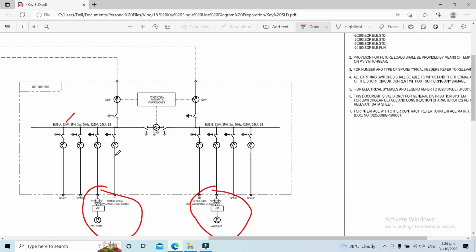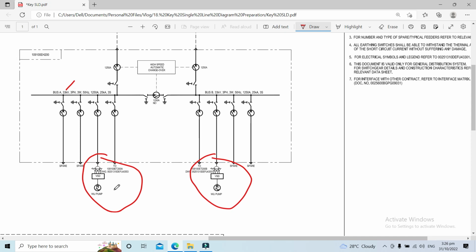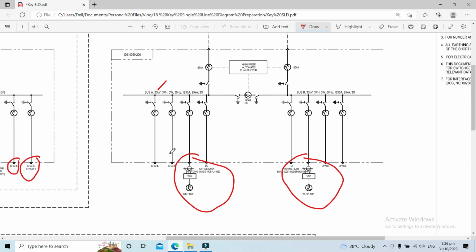From the key single line diagram, the exact rating of the transformer is not mentioned, because there is also a dedicated single line diagram for each switchgear.